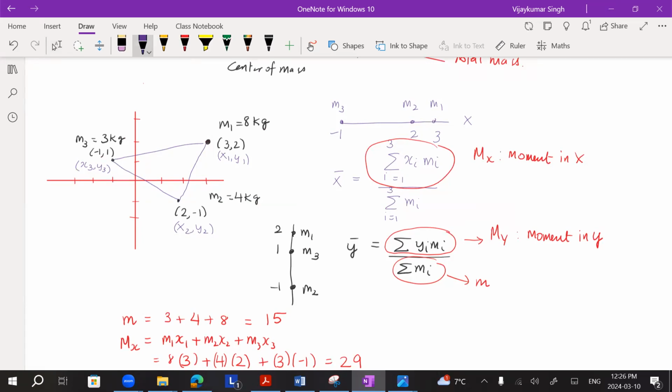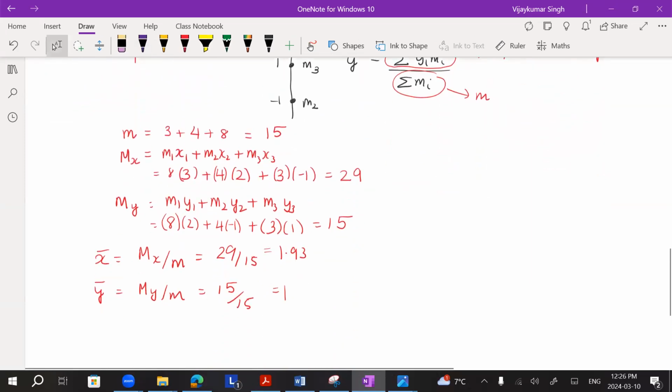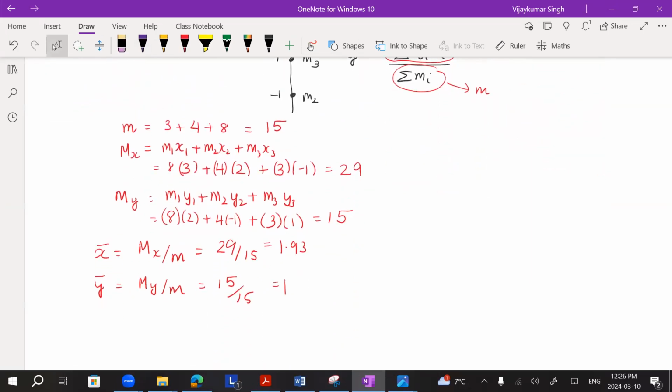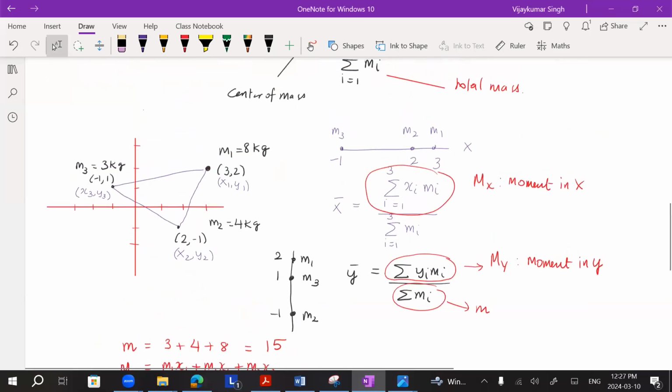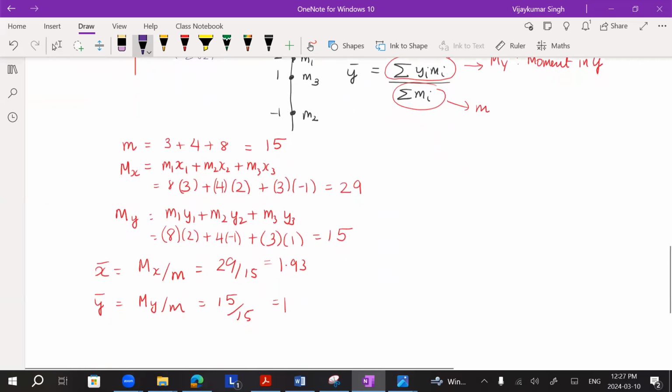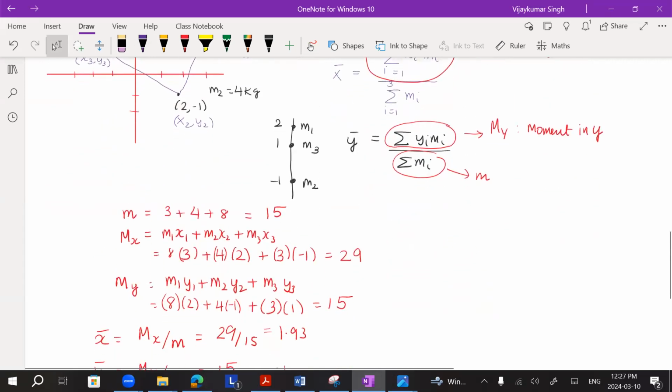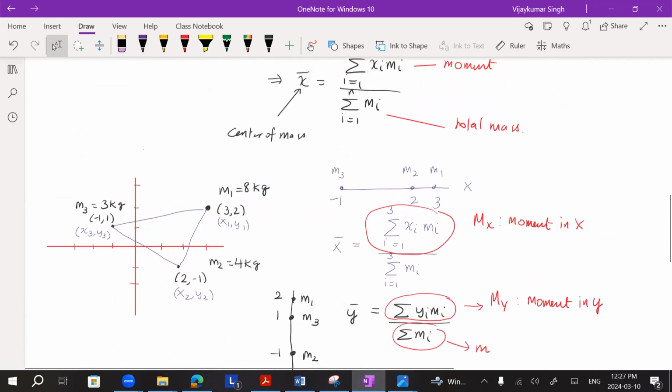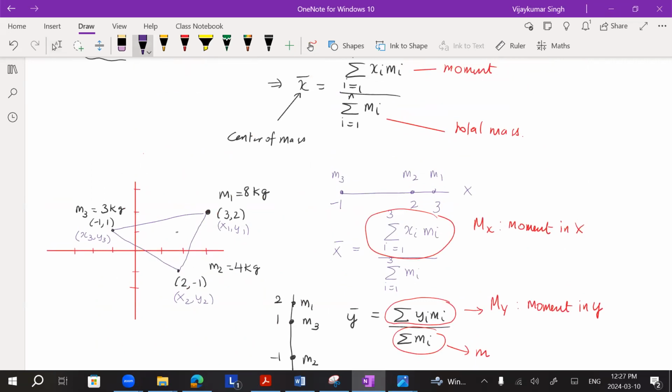Sorry, so let's plot it: 1.93 and 1. So this is where the point will lie.